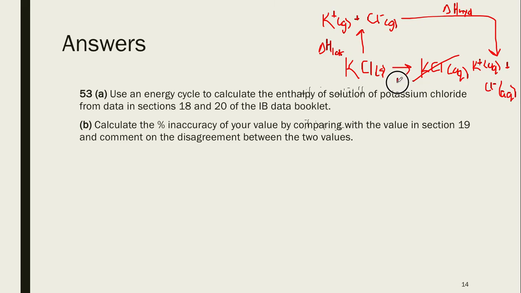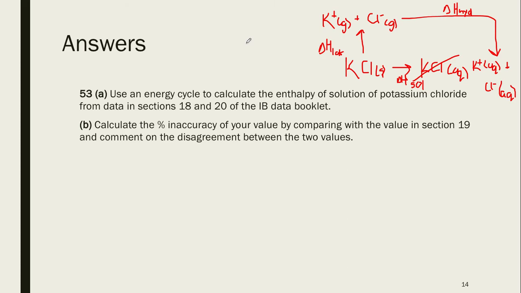And then this arrow here, that is our enthalpy of solution, delta H SOL. So all you have to remember is to take the lattice enthalpy and add the two hydration enthalpies.